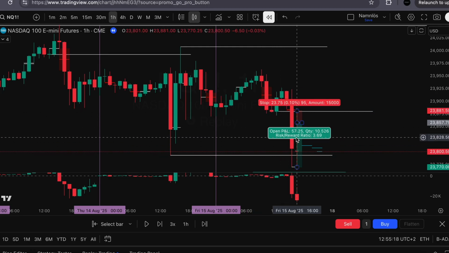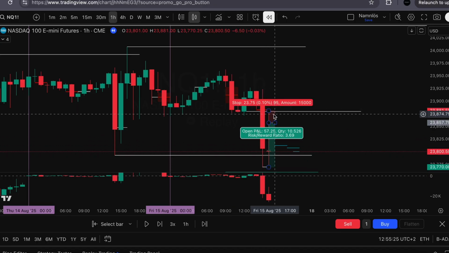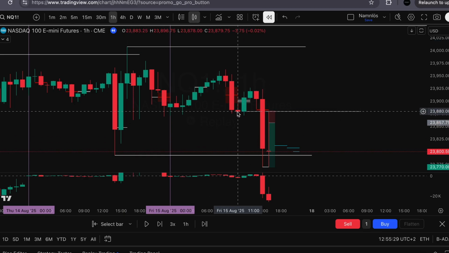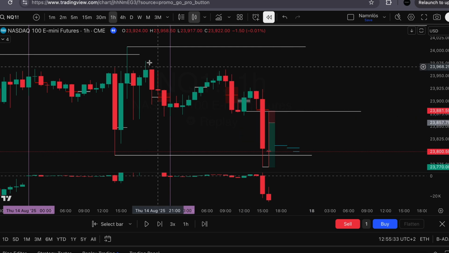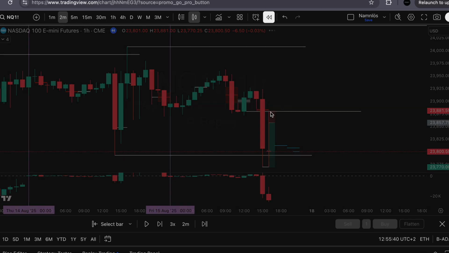The trade I was looking for is, I wanted the price to go back to this and trade lower, and it did. As soon as I marked this level, I made an alert, and when the price came back there, it was around the 10 a.m. candle. So I went down to the 2-minute time frame.